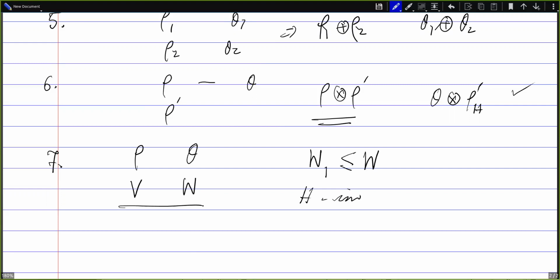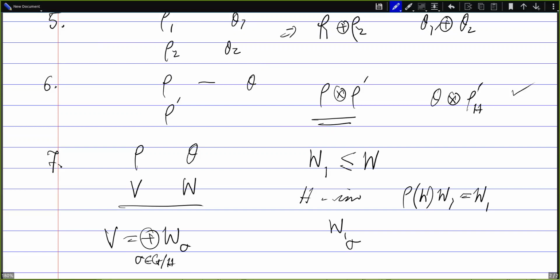Remember, this means V is the direct sum of rho sigma W's. Once W1 is H invariant, it's easy to see that rho H W1 is W1 always. So we can define rho sigma W1 as well.